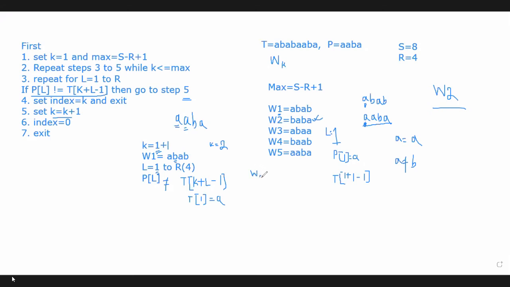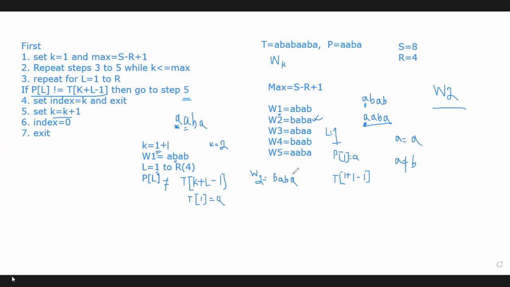When K equals 2, now we'll test the characters of the pattern with the second substring, right? Now the second substring W2 equals BA. This is our second substring. In this substring, we'll do the same thing, right? We have to test all the characters of this pattern with the characters of substring 2. So here, when L equals 1, P of 1 equals A, right?